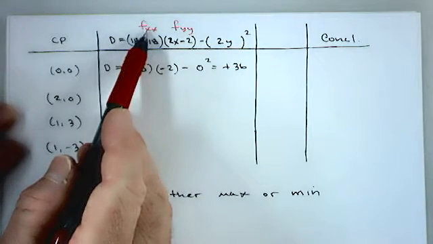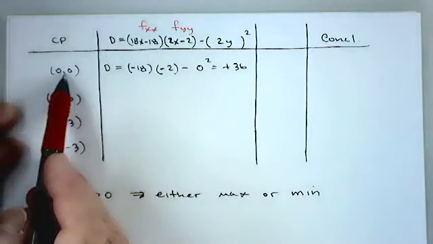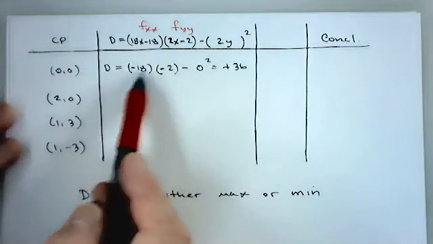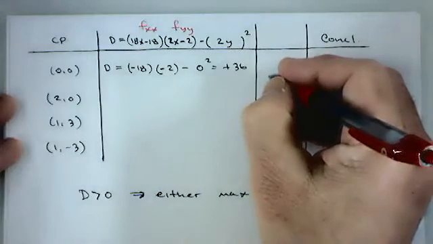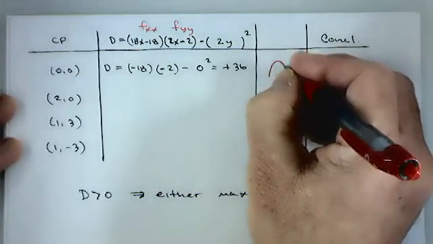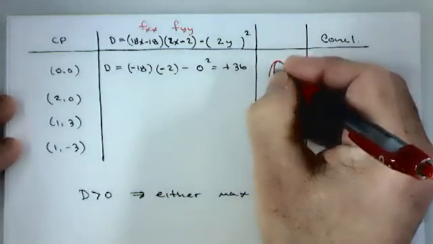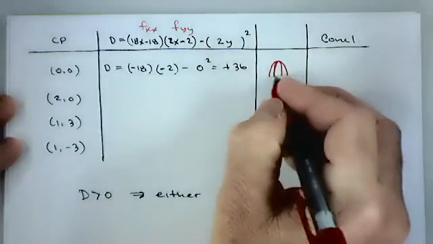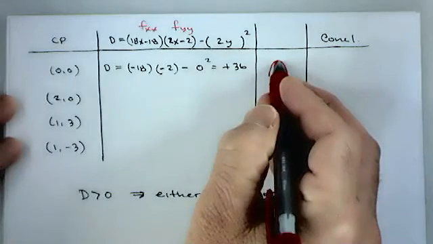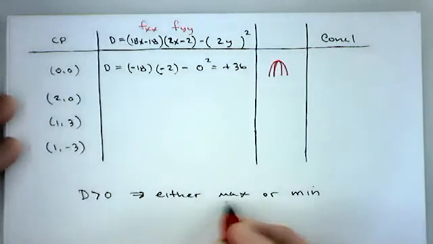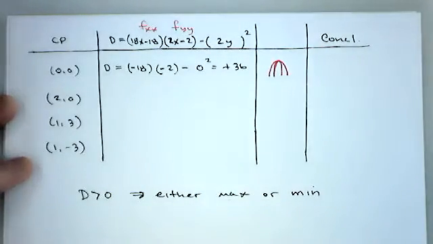What this is saying is that at (0, 0) on our surface, both f sub xx and f sub yy are negative, which means our graph is concave down in both the x and y directions. So if you knew it was either a max or a min, but you knew the graph was concave down like this, what would you be inclined to say, a max or a min? Max. That looks like a max. Yeah, it's going to be a max.